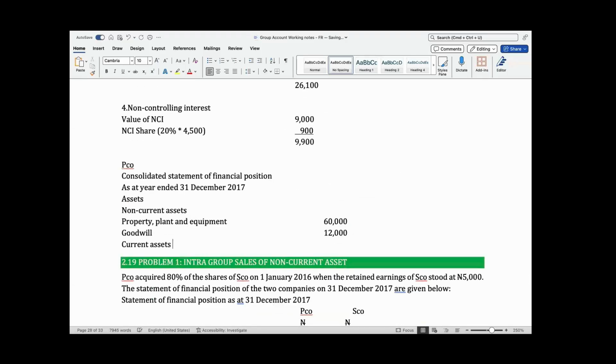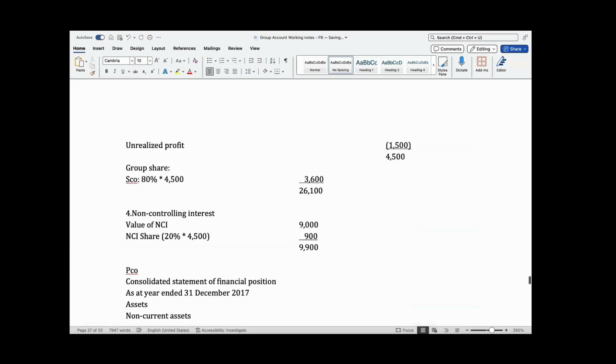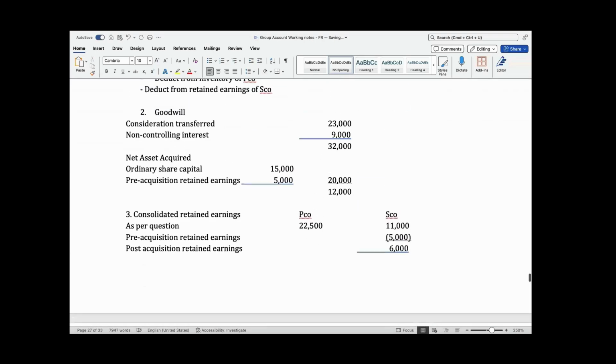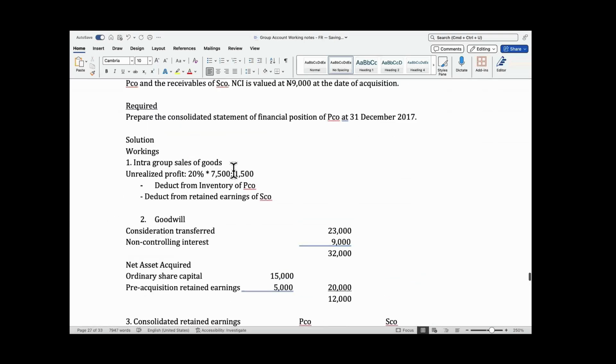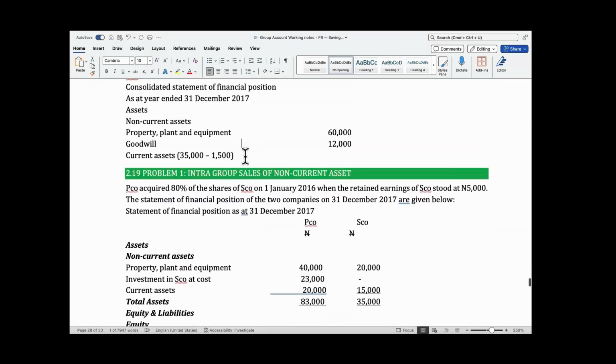But don't forget to remove unrealized profits from that, 1.5. This unrealized profit here, this 1.5 here. So it brings us down to how much? 33.5.